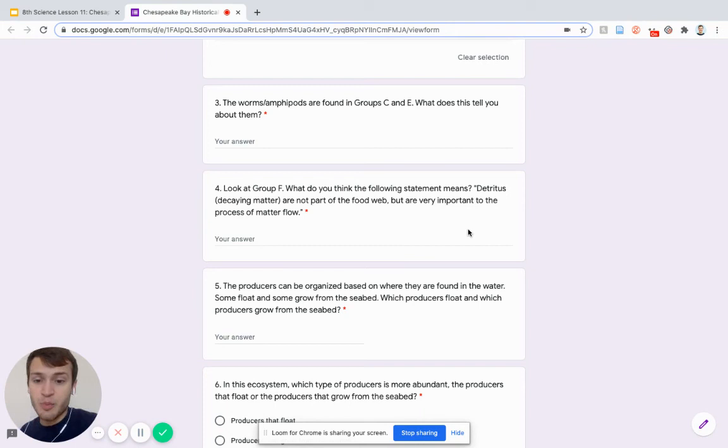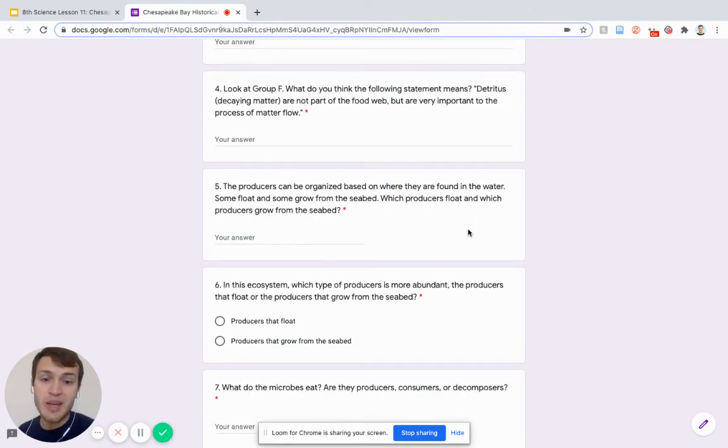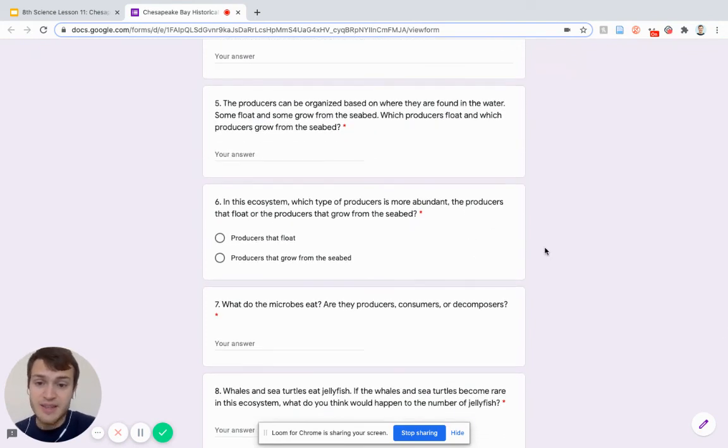Number 5 says the producers can be organized based on where they are in the water. Some float and some grow from the seabed. Which producers float and which producers grow from the seabed? Number 6 says, in this ecosystem, which type of producers is more abundant? The producers that float or the producers that grow from the seabed?